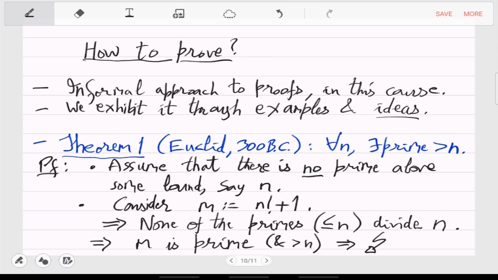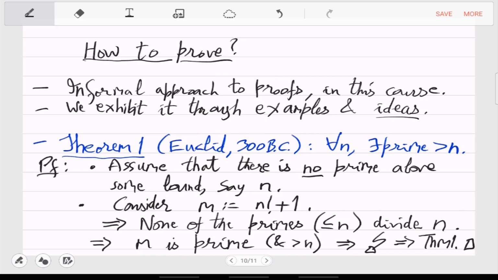So your starting point was wrong, which means that there has to be a prime above every known n. Any n you pick, there is a prime above it. So this means that the theorem is true. That's the end of the proof.